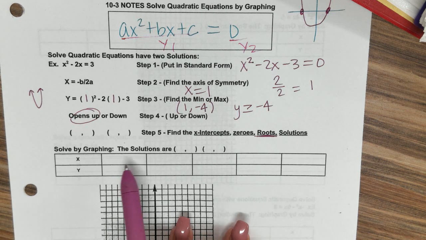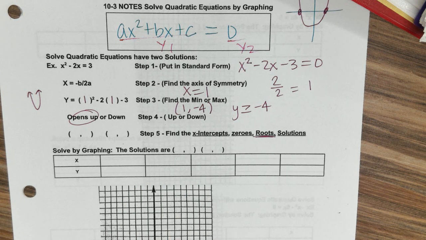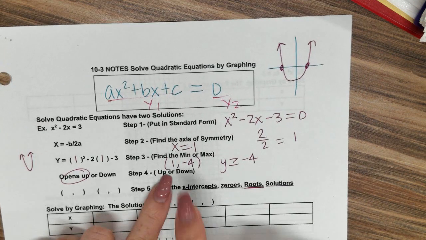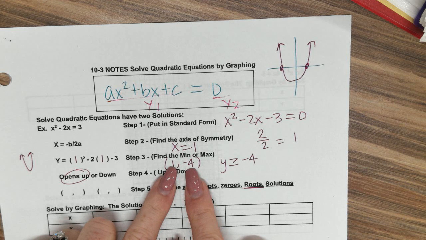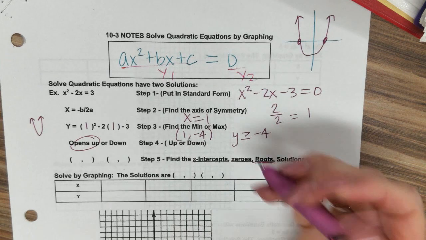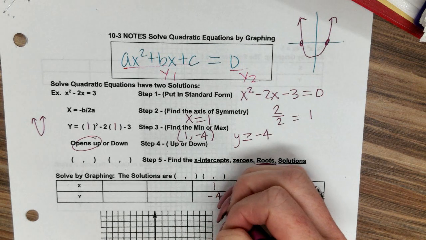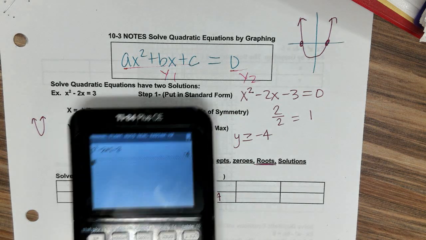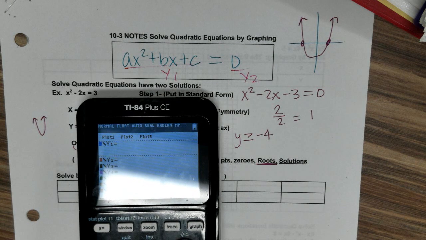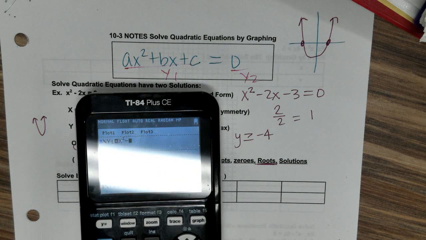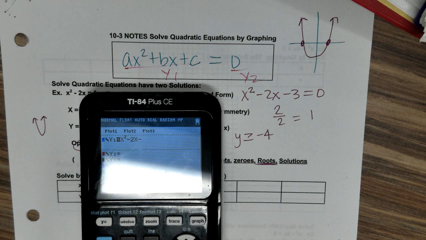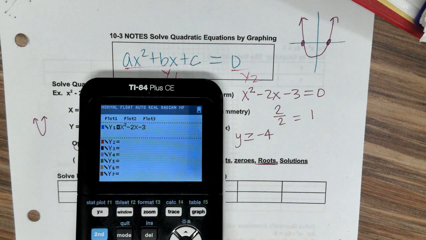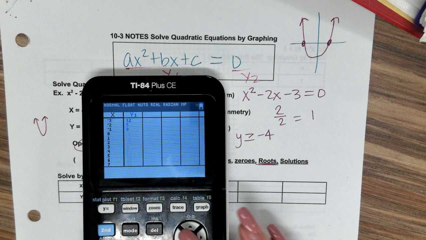So let's go get some coordinates here. We know we want our vertex, right? So it's going to go in the middle. So 1 is going to go right here with negative 4. And then I'll put the rest in my calculator. So I have x squared minus 2x minus 3. I don't even need to put in the 0 because I'm just getting some coordinates right now.